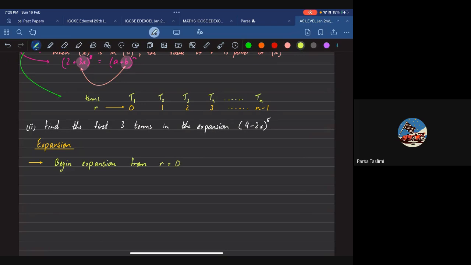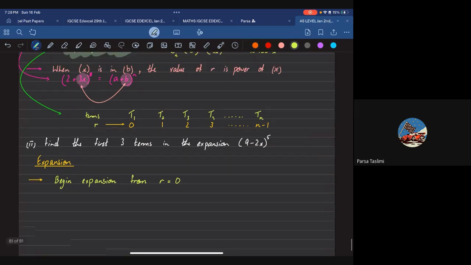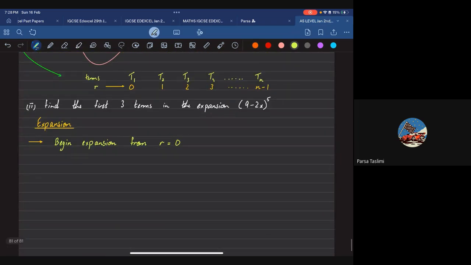Clear? You're always going to begin expansion from r is equal to 0. So now your expression says (9 minus 2x) raised to the power 5, and then you're going to have subsequent powers of r. So you need the first three terms.